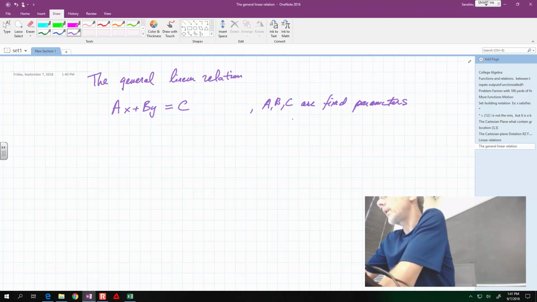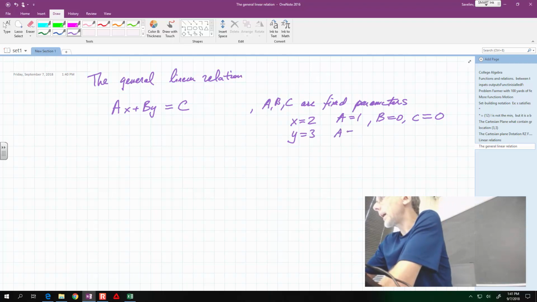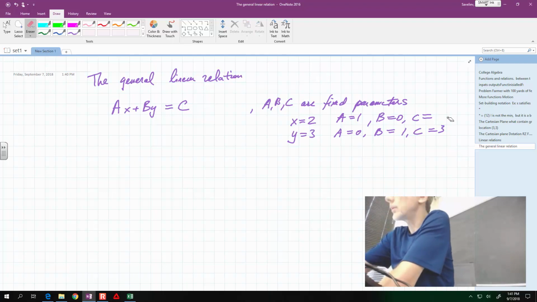In that particular case, x equals 2, what does it mean? It means that a is equal to 1, b is equal to 0, and c is equal to 2. For y equals 3, the other example we had, a is equal to 0, b is equal to 1, and c is equal to 3.